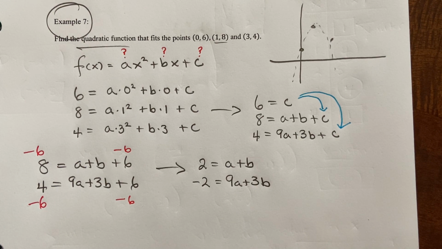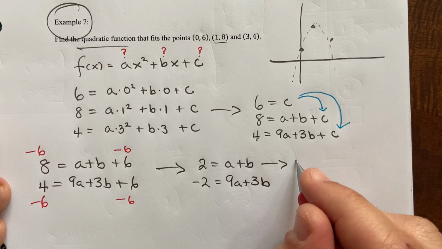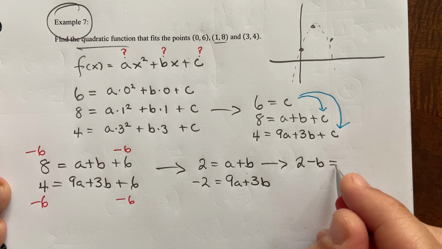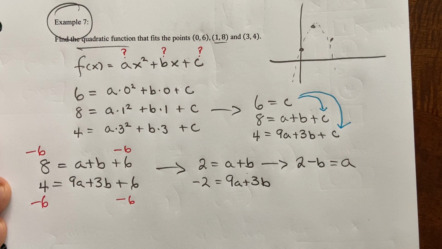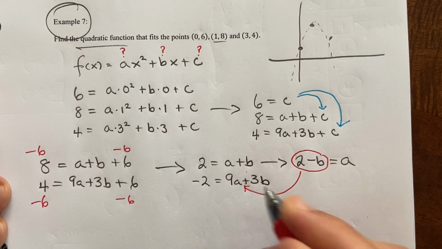So you can use elimination, substitution, a matrix if you're feeling fancy. So what I'll do is use substitution. So in other words, 2 minus b, if I subtract b from both sides, would equal a. So I can take 2 minus b and replace a with it.